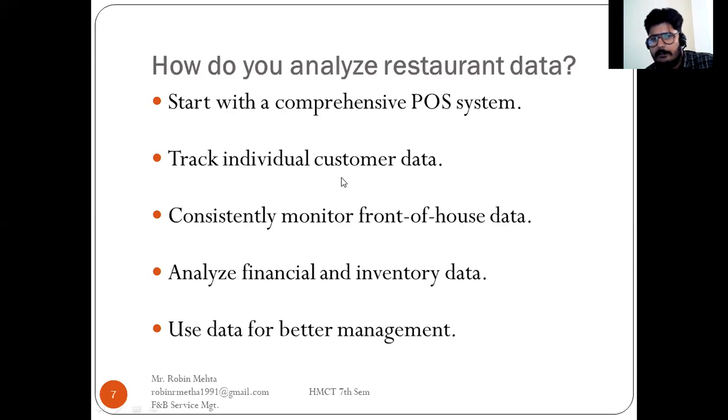So we do a cross check for that, and then analyze the data, like any kind of pilferage or theft or spoilage that happened in the restaurant, we get to know by analyzing financial and inventory data. Because all the reports have the numbers which we mentioned in that.